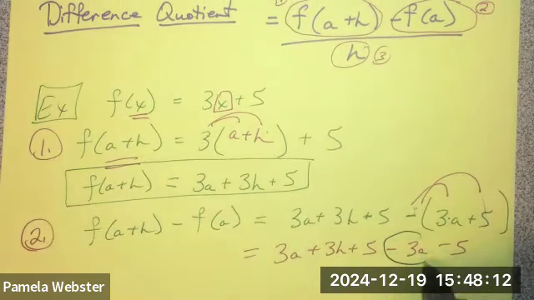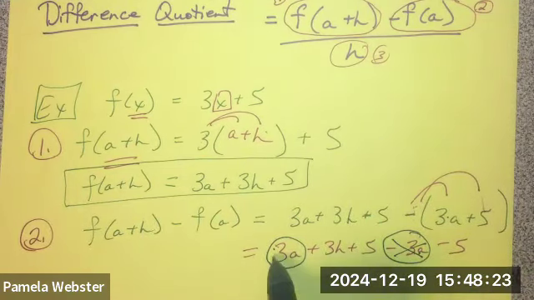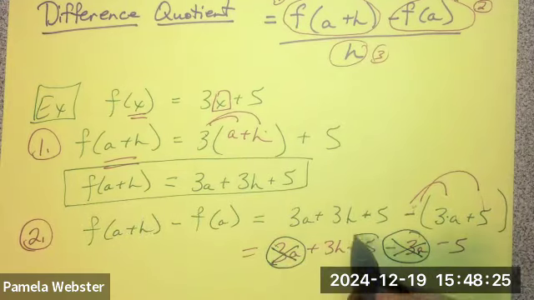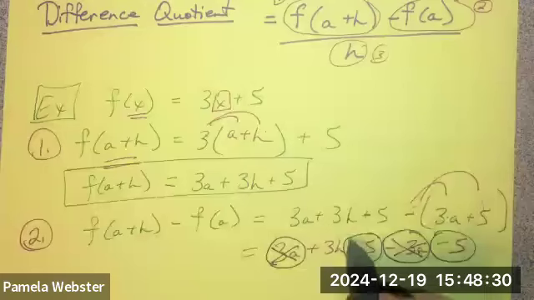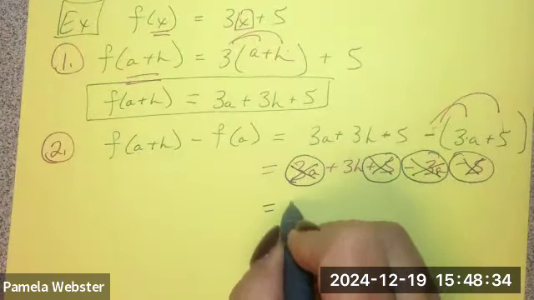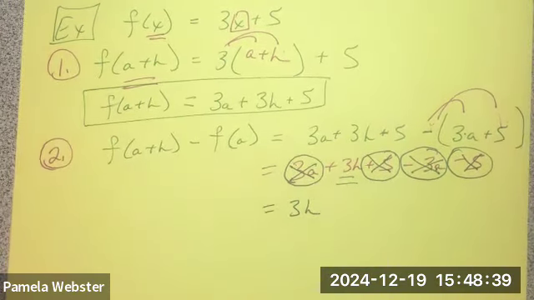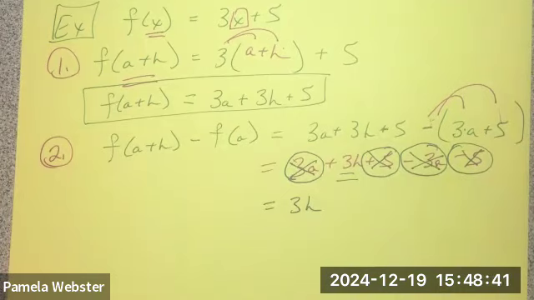And then here's the cool part about the difference quotient. If I did it right, most of my stuff that doesn't have h's in it will go away. So 3a minus 3a, those are opposites. That's a 0, right? And what's a positive 5 minus 5? Those are also opposites, and that's a 0. So what I get out of this guy is just 3h, right? That's the only term that's left hanging around. So for step 2, what I got is 3h.